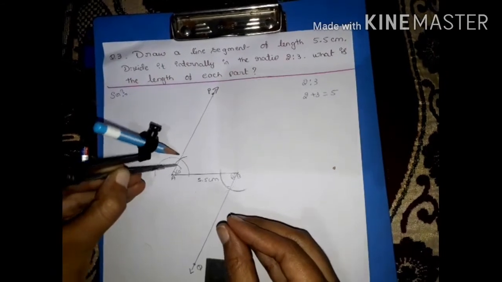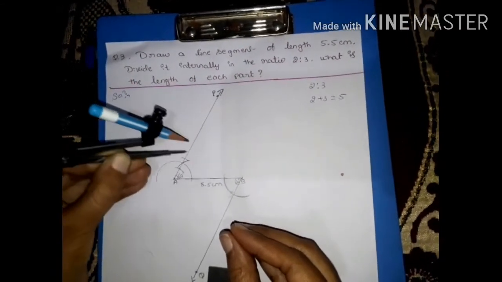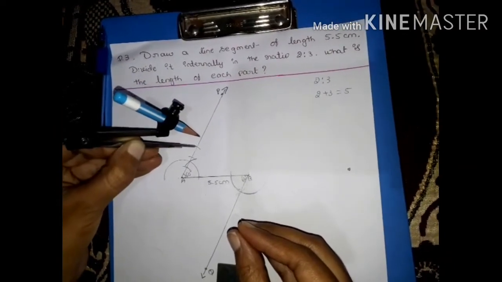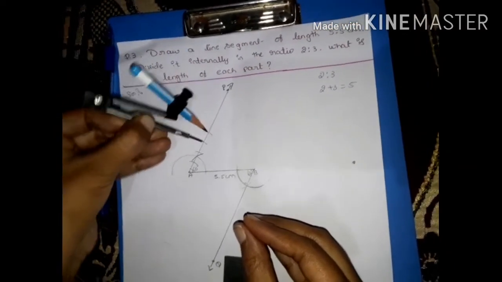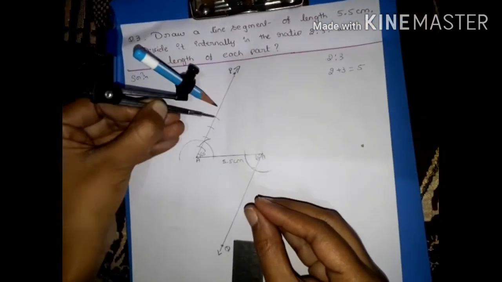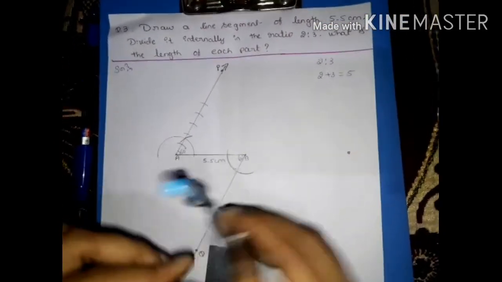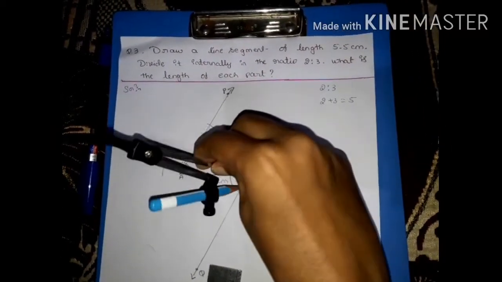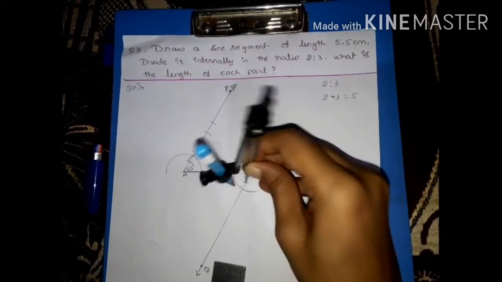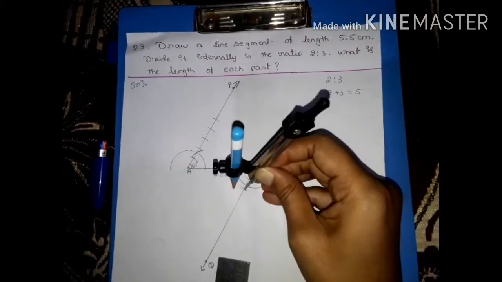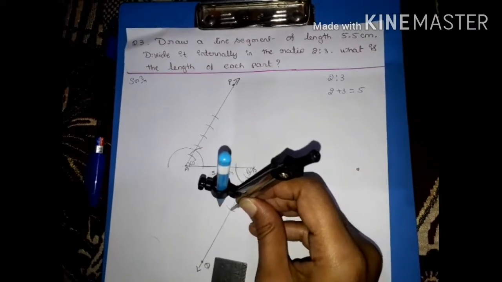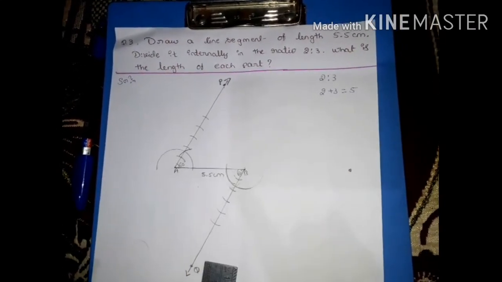1, 2, 3, 4, 5. Similarly, at point B, without changing the measurement, cut 5 parts. 1, 2, 3, 4, 5.